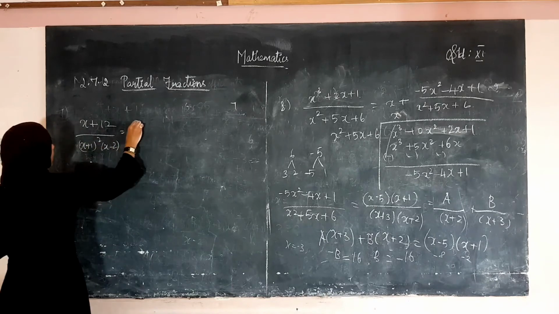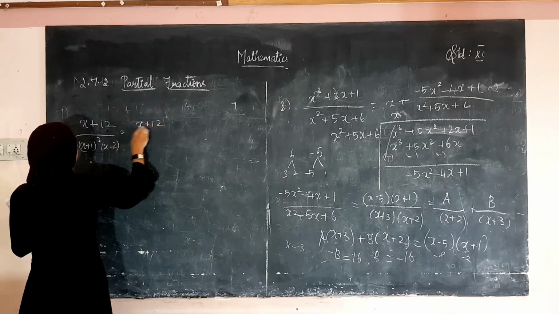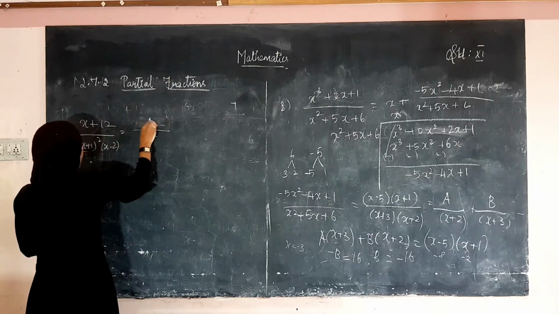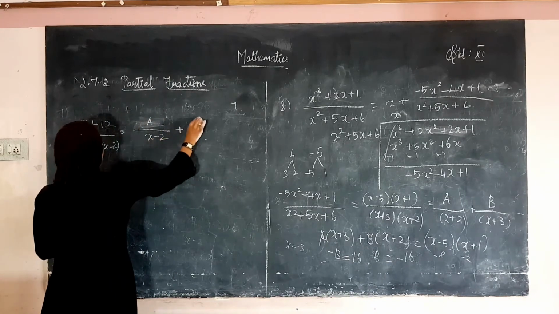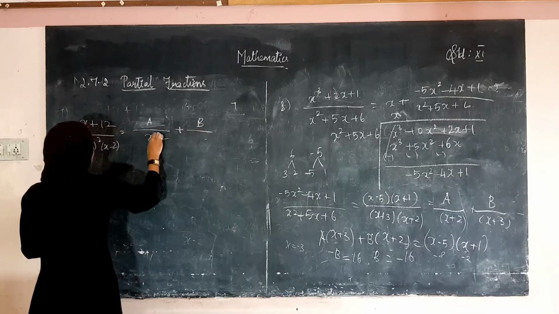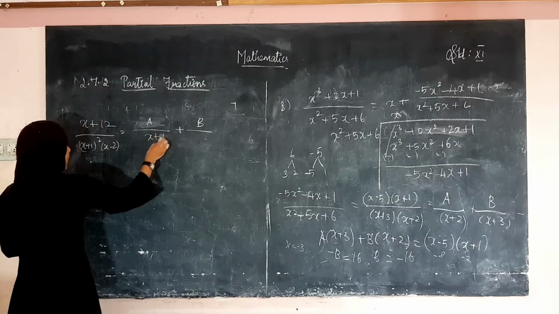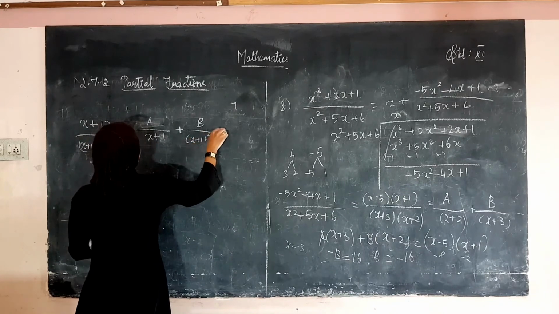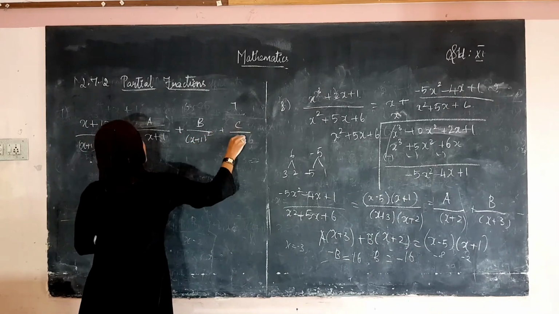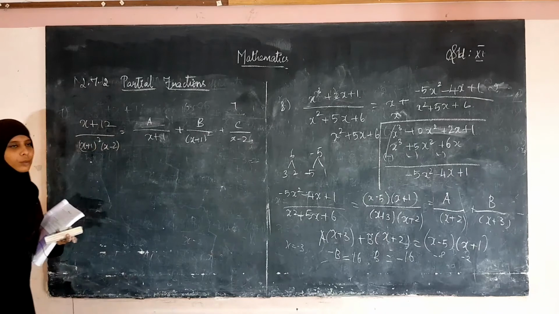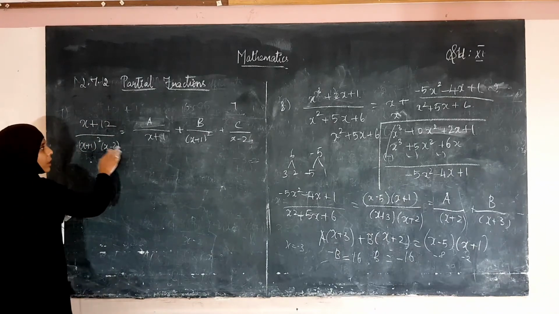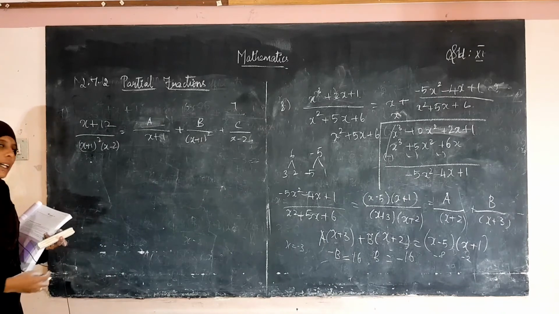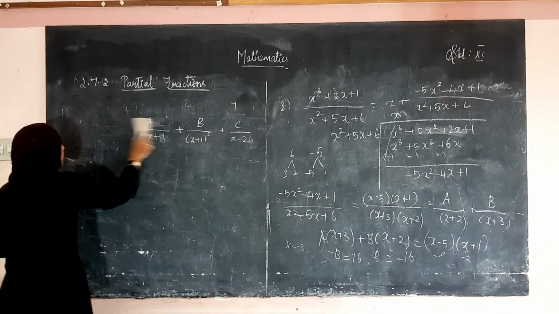This can be a divided by x plus 1, plus b divided by x plus 1 the whole square, plus c divided by x minus 2. Okay, then take LCM, then equate the numerator, you will be getting the values of a, b and c. So, the ninth sum is the assignment for you.